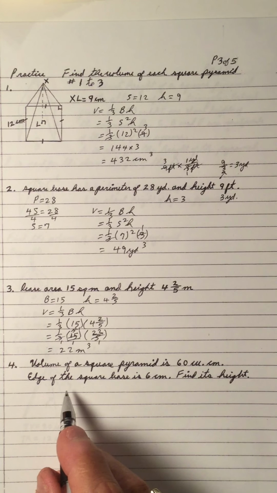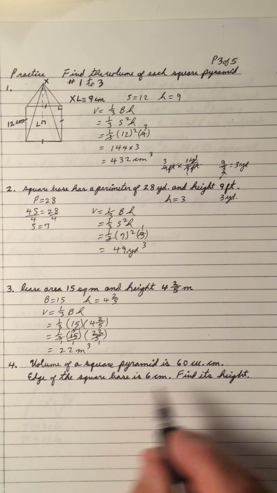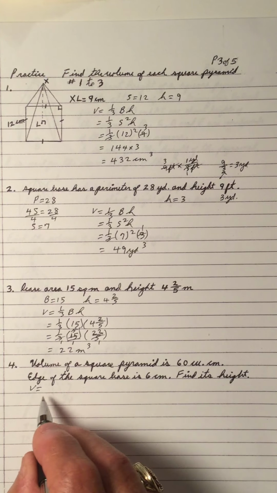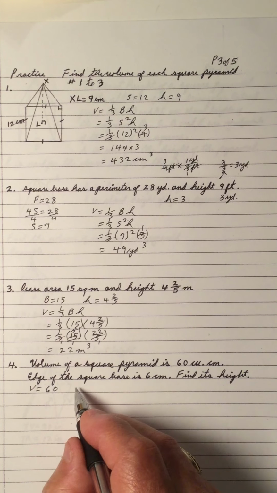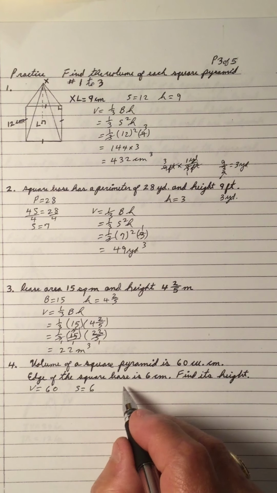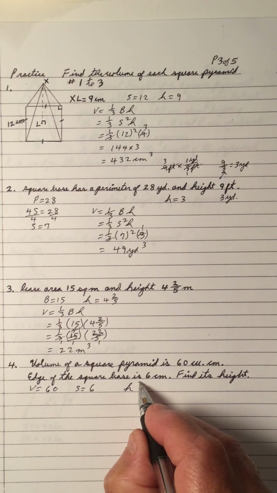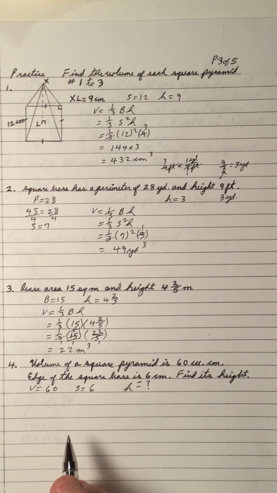Number 4, the volume of a square pyramid is 60 cubic centimeters. Giving you the volume this time, 60 cubic centimeters. The edge of the square, S, is 6. We want to find the height. So the height is going to be a question mark.